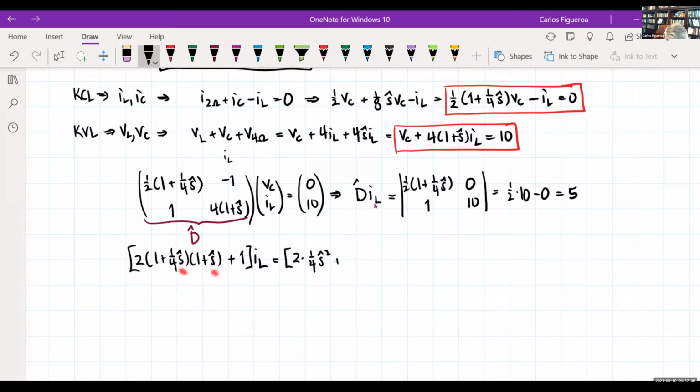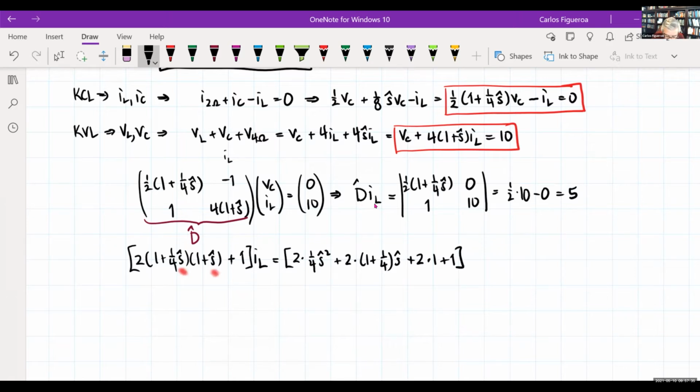So then I'm going to get 2 times, now let's check this guy out. I get 1/4 times 1 and 1 times s hat. So I should get 1 plus 1/4 s. Okay, and then my last term is 1.